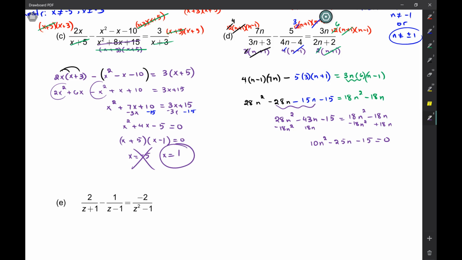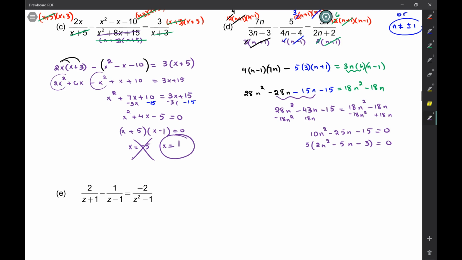Okay, what can I factor out of this? A 5. So I get 2n squared minus 5n minus 3. Okay, so let's factor this. Let's do the shortcut. I can do it now because I factored out a 5.